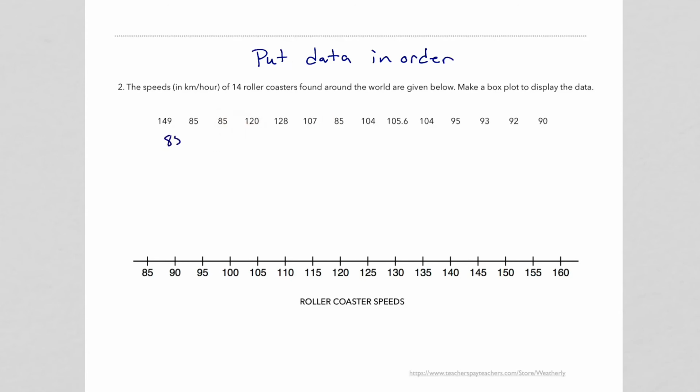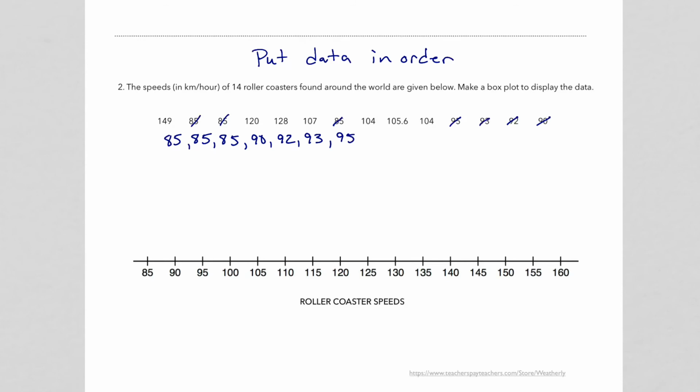So 85. We have three 85s. Then the next biggest piece of data would be 90. And put commas between them so we can keep them separated. 92, 93, 95. Hope I don't skip one.